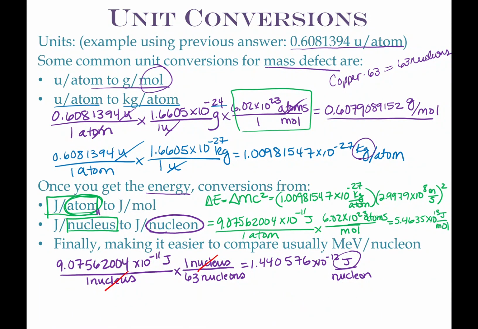Whether you're going to war or whether you're going to a power plant, this is what it boils down to. We want to know how much energy we're going to get from the reaction. So 1.440576 times 10 to the negative 12th joules per nucleon, per one nucleon. And there are 1.60 times 10 to the negative 13th joules for every 1 million electron volts.